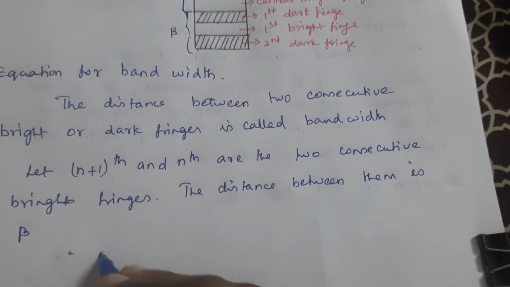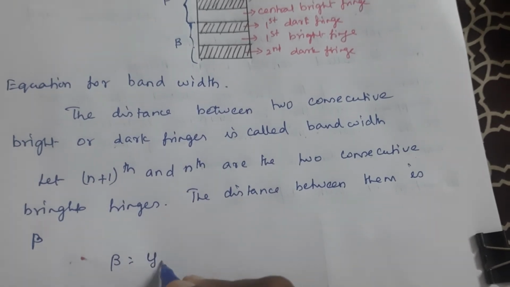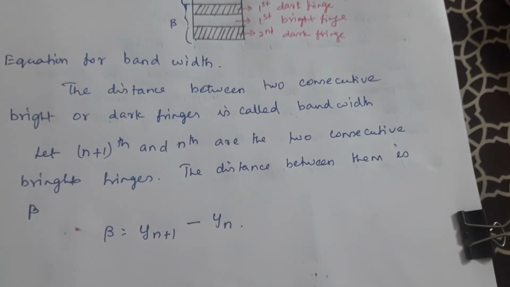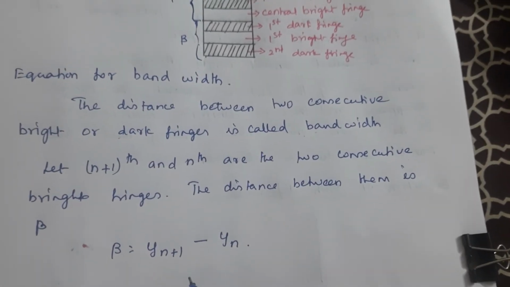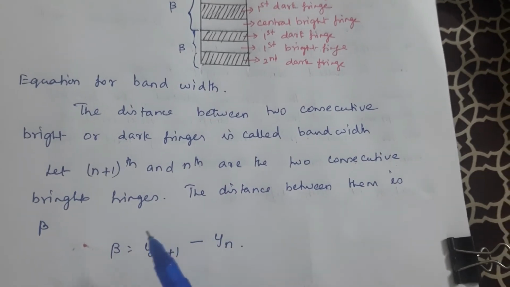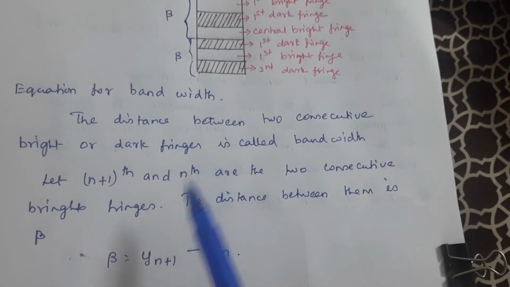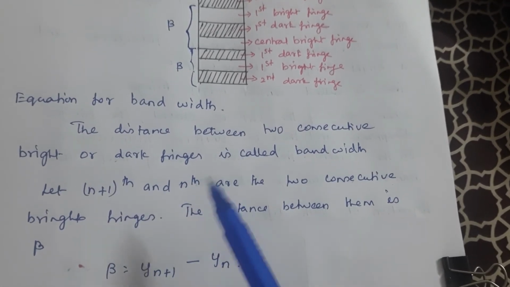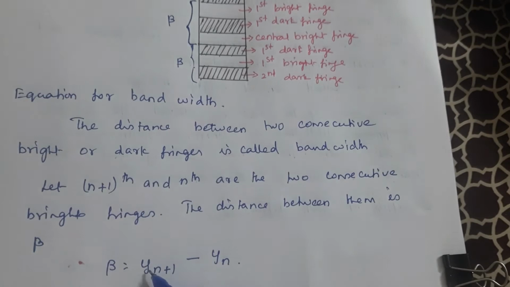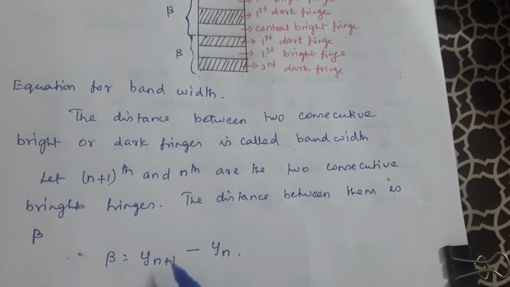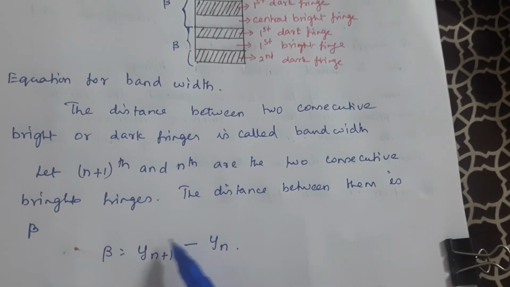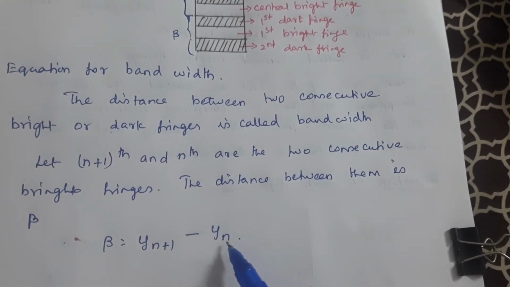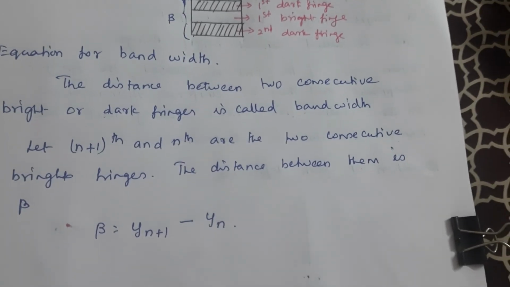So I can write beta is equal to y n plus 1 minus y n. Y is the distance between the center point and the bright fringe. So y n plus 1 is the distance between the center point and the n plus 1th bright fringe, and y n is the distance between the central bright fringe and the nth bright fringe.